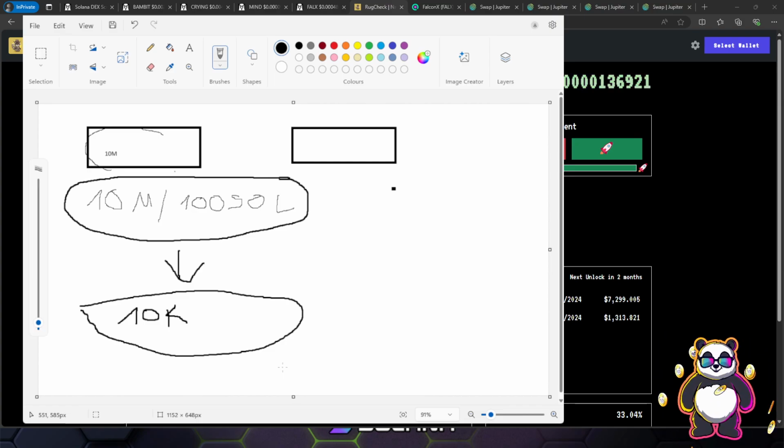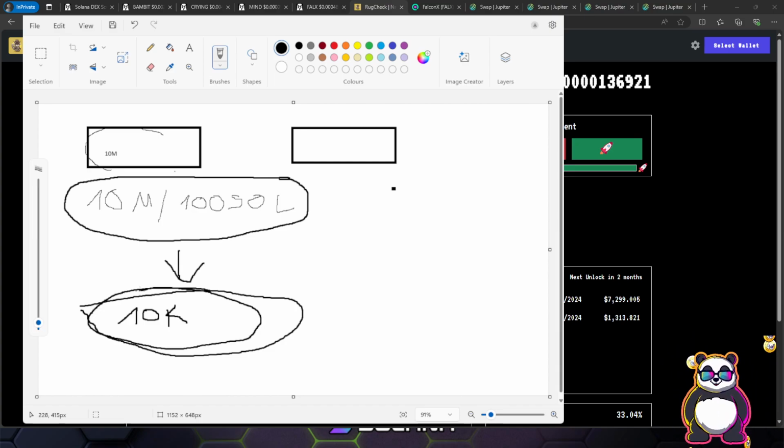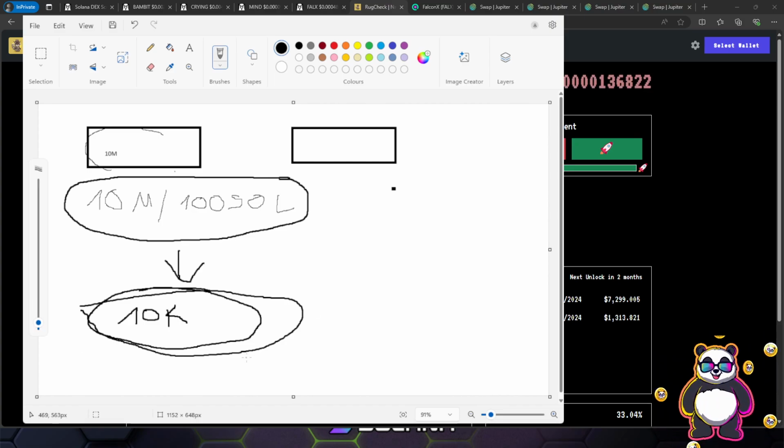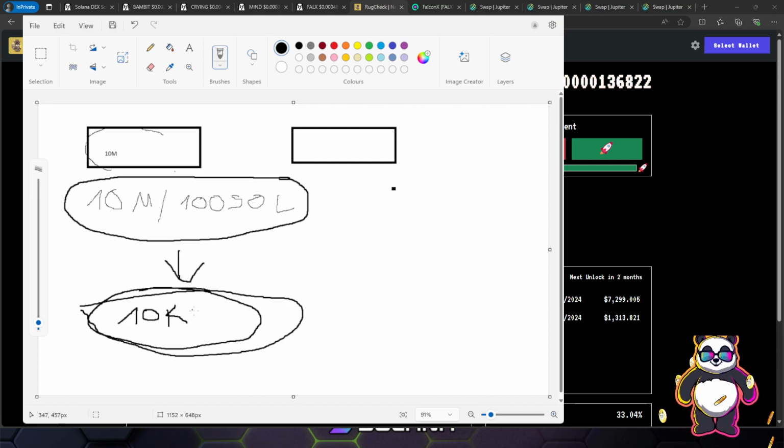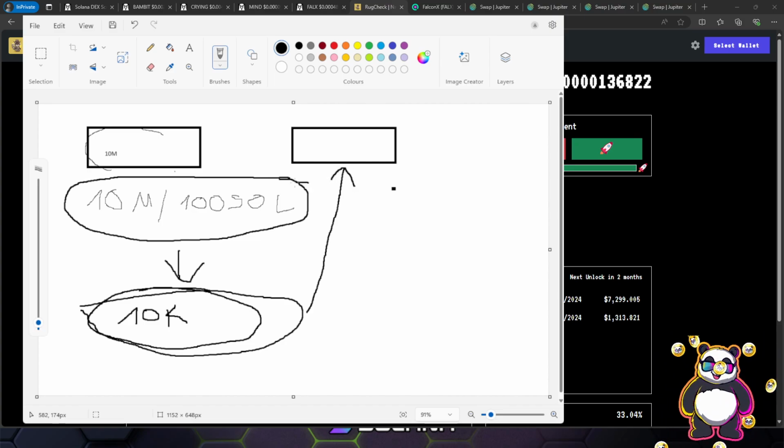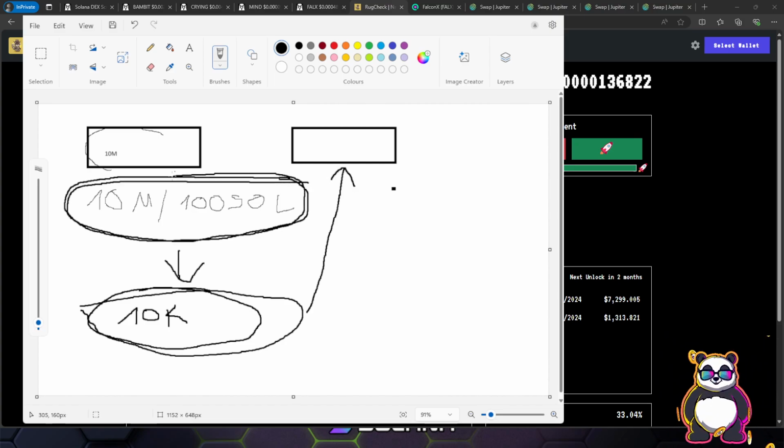And that's why people are actually waiting to see if the team locks or burns these tokens, because if these tokens are not burned or locked, the owner or team member who owns these liquidity pool tokens can actually send them back to the DEX and get both of these coins back.